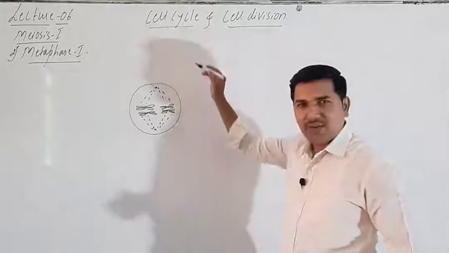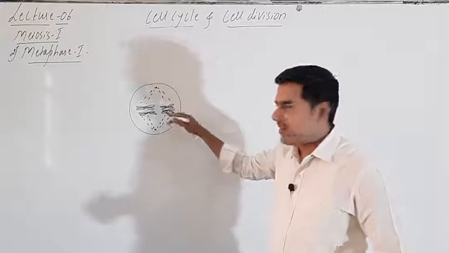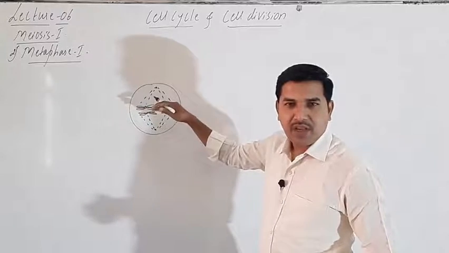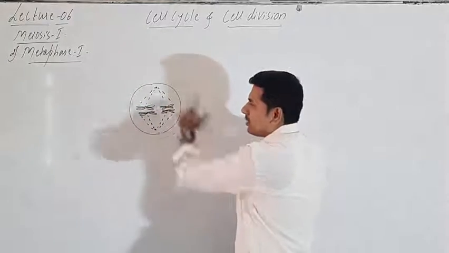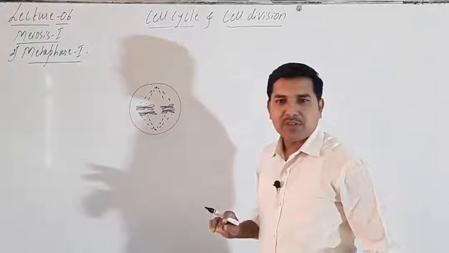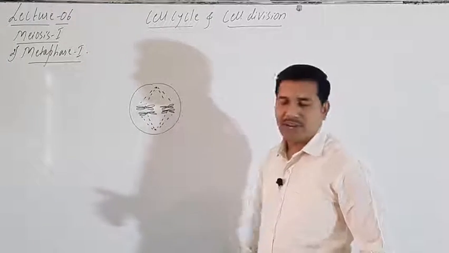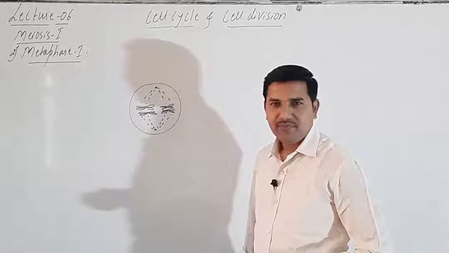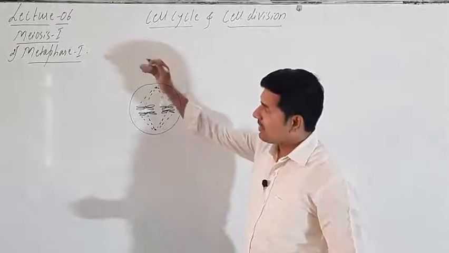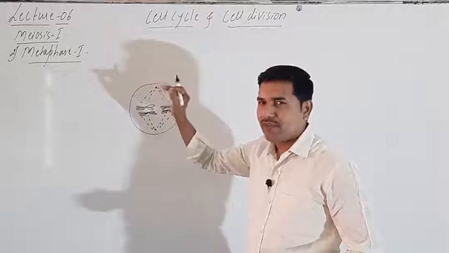Metaphase is a condition where all the homologous chromosomes are arranged at the equatorial plane. The centrioles will move towards the opposite poles, producing the spindle fibers. These spindle fibers will attach to the kinetochores of the chromosomes. This is the characteristic feature of metaphase 1.